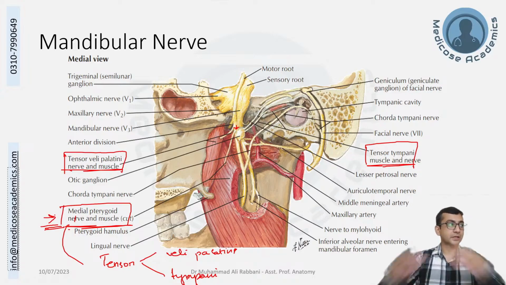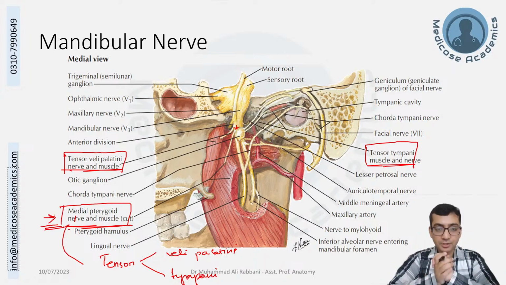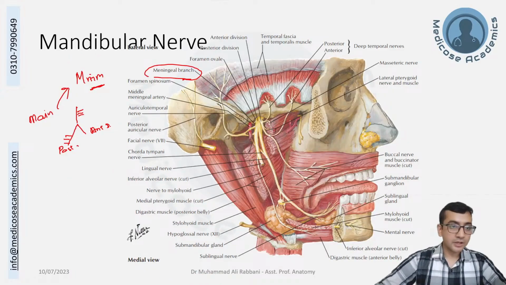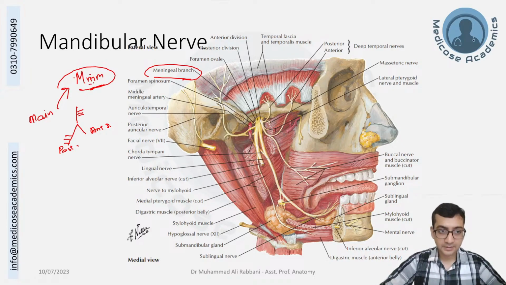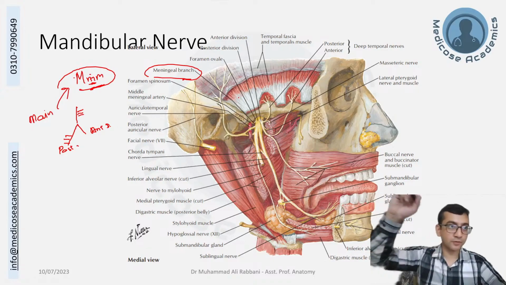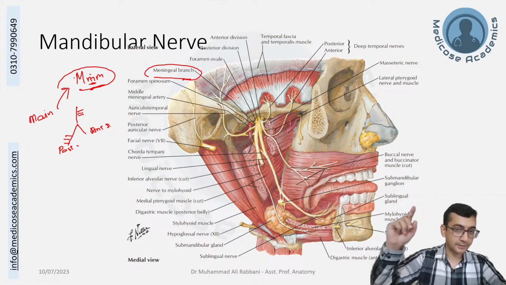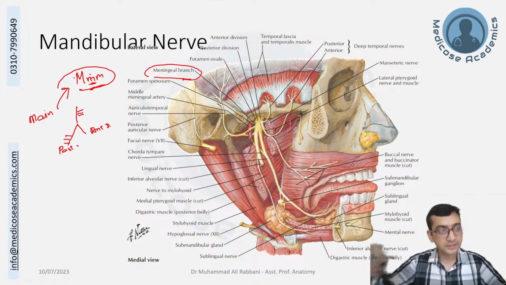So we just discussed the main trunk of the mandibular nerve. The mnemonic I discussed was: the mandibular main trunk has a meningeal branch that goes back through the foramen ovale and supplies the area, and sometimes it arises higher up in the meningeal area in the middle cranial fossa.